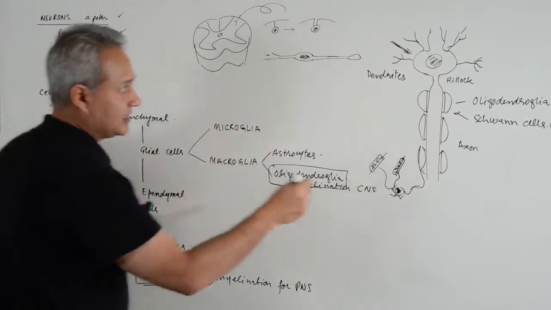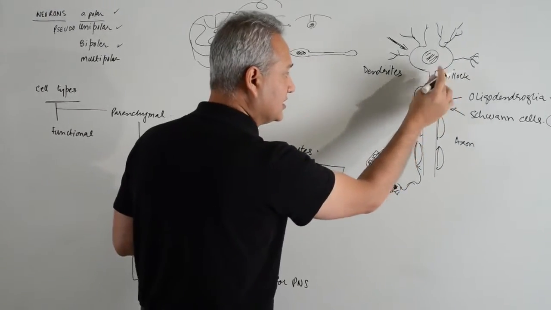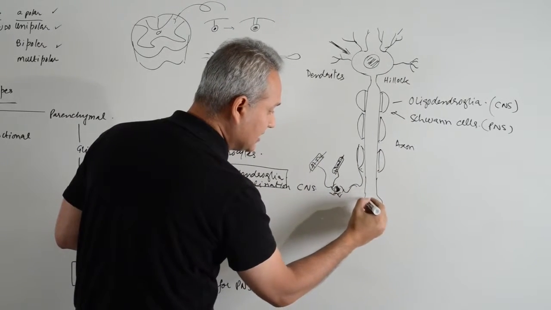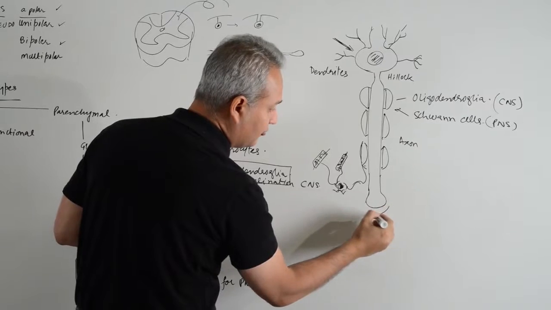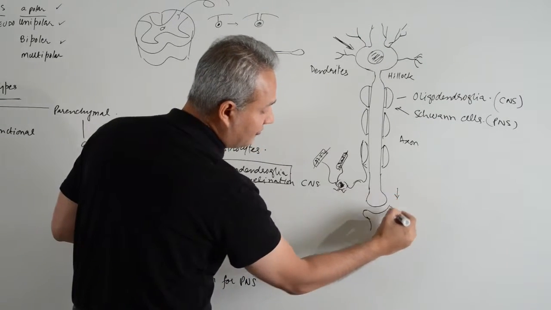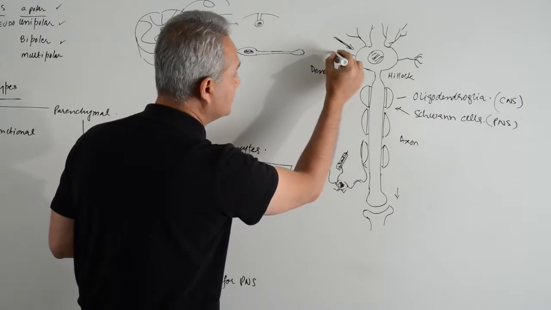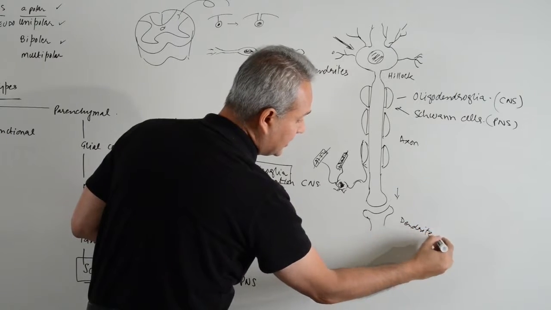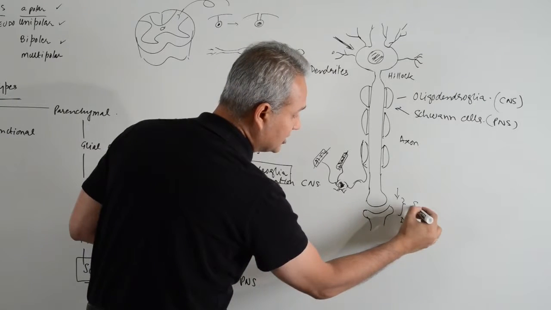Okay, so that is myelinated. Here is the axon. The axon hillock is the initial constricted part. Then at the end we have the end button or the terminal, where the axon will mostly finish on a dendrite. So here is a dendrite, and this becomes a synaptic junction.